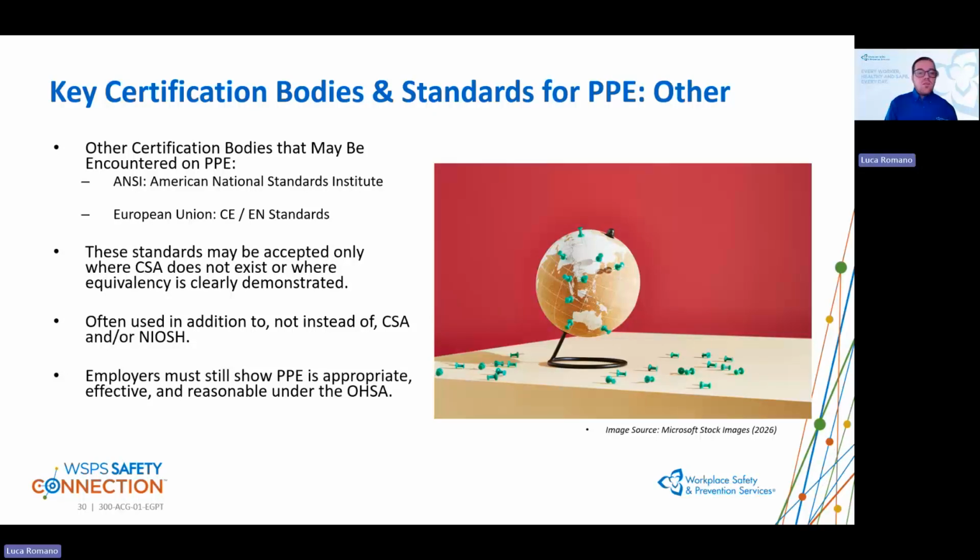These standards on their own might not be accepted, but they might complement existing CSA standards, or they might be seen as a best practice in the absence of a CSA standard or a NIOSH standard. At the end of the day, employers still have to show that the personal protective equipment is appropriate, effective, and reasonable under the Occupational Health and Safety Act.